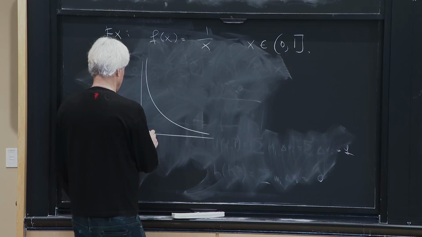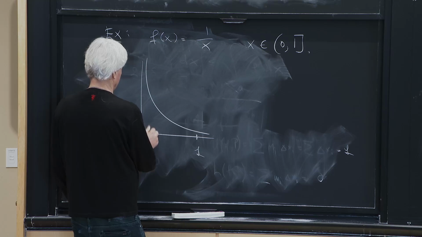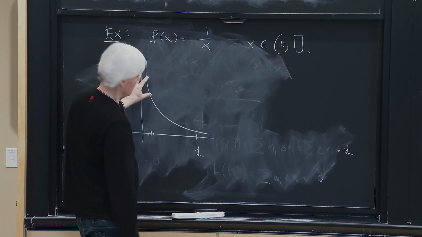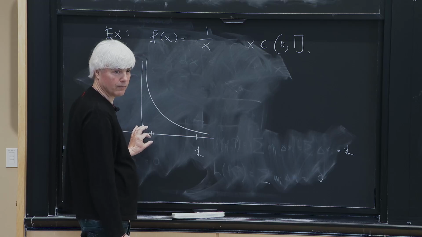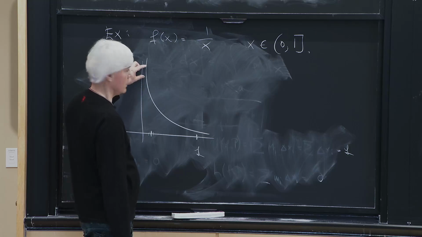And so you see that as you're looking at things closer to 0, even a very small interval, the value of the function would deviate a lot, right? So you couldn't use the same interval size to say that the value of the function is smaller than some epsilon.